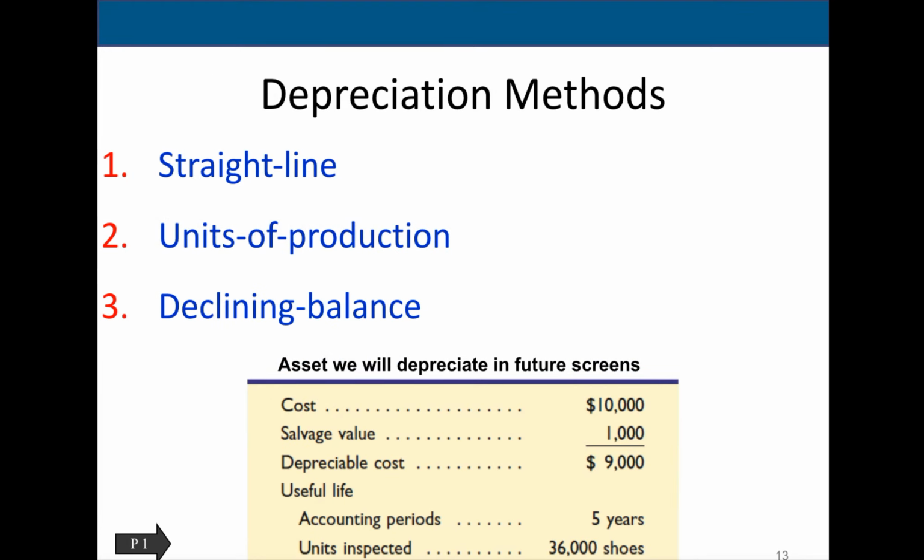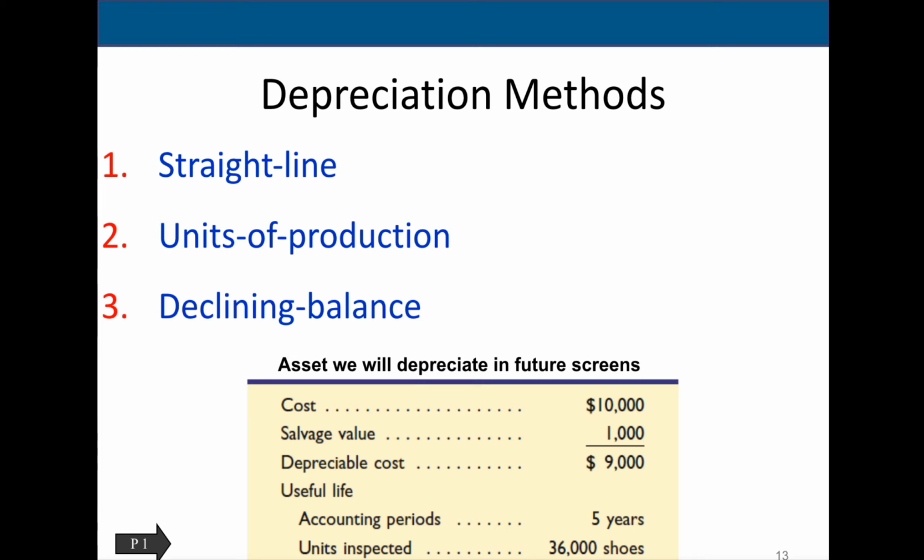So, like I said, there's three different main methods that we use. But what you'll notice about all of them is the only difference in these methods is when we're recognizing what portion of the cost. Okay?